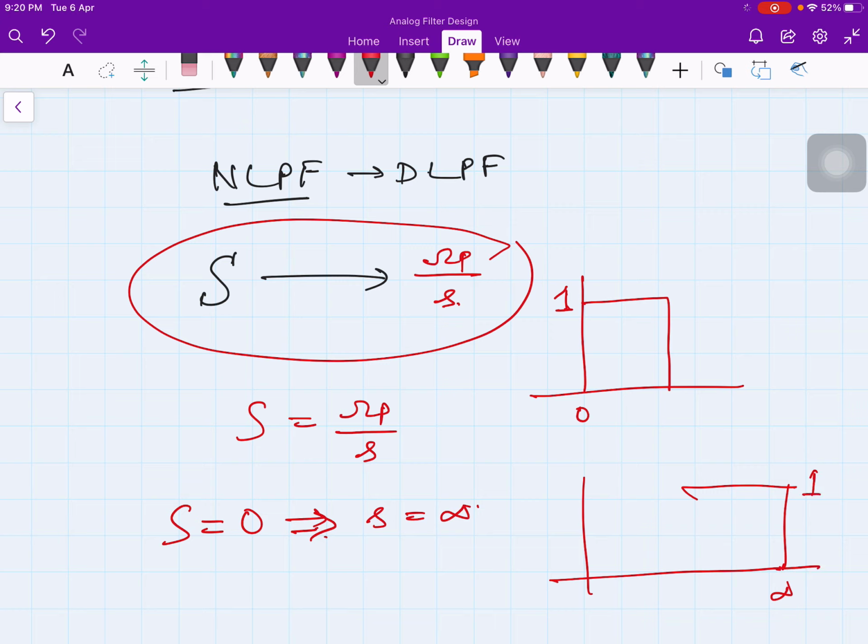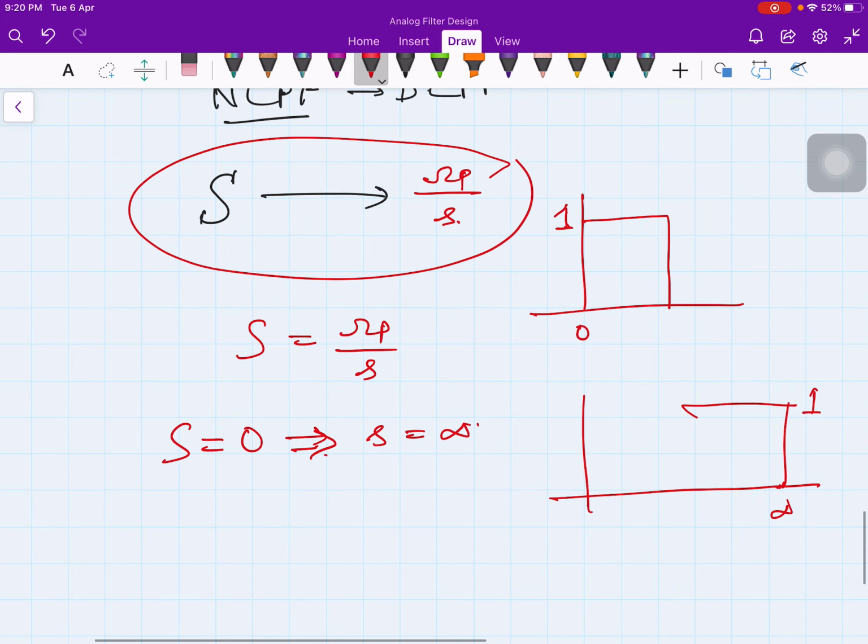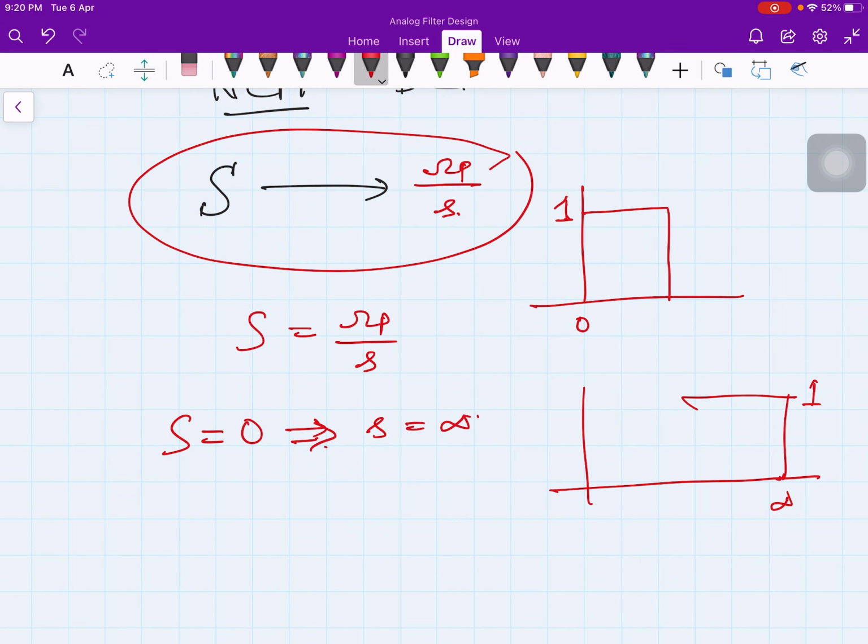So a low pass filter has gone into a high pass filter. Not only that, capital S equal to plus j1 goes to small s equal to minus j omega p.